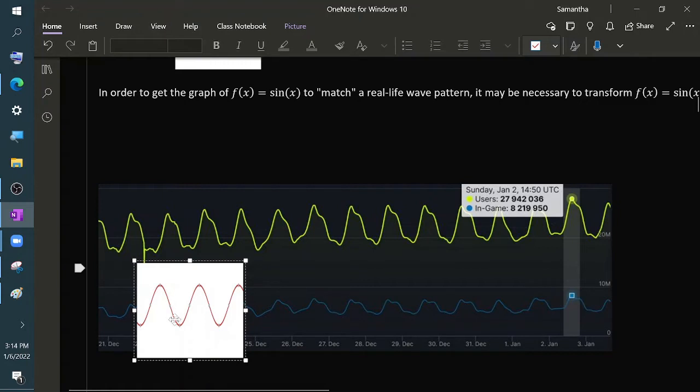If we can get a sine function which matches the behavior in the chart, then we can use that function to do all kinds of calculations and predictions. For example, if you were trying to set up your servers to handle a certain number of people playing a game, then you can use a function like this one to predict what kind of server you would need in order to handle that many players.